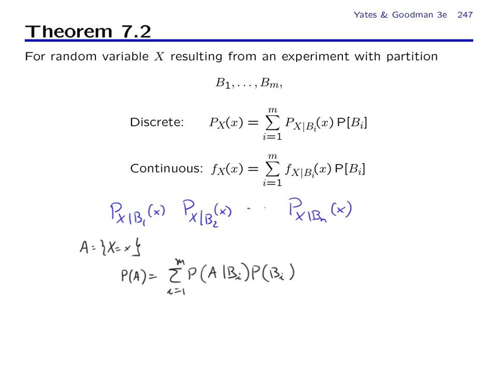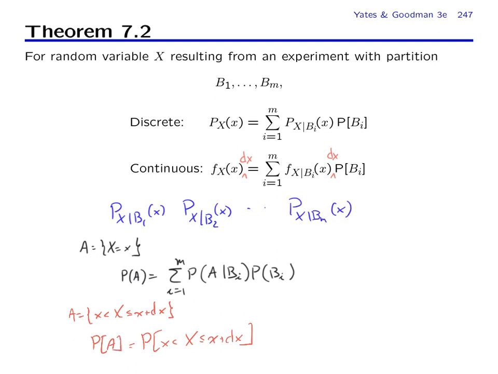When x is continuous, we can think about taking the left side of this equality and multiplying by dx, and also by multiplying by dx on the right side. And then we define the event A, that x is in the interval from x to x plus dx. And so on the left side of the continuous case, we have the probability x is in this interval, namely this is P of A.